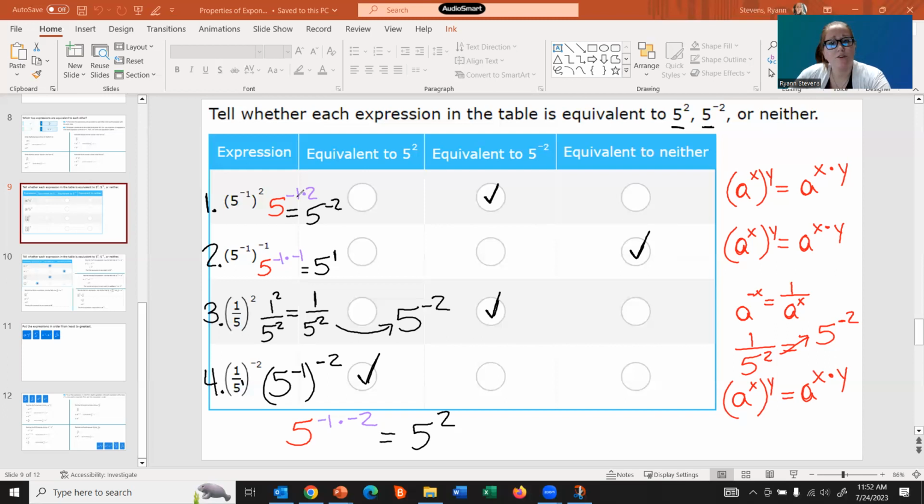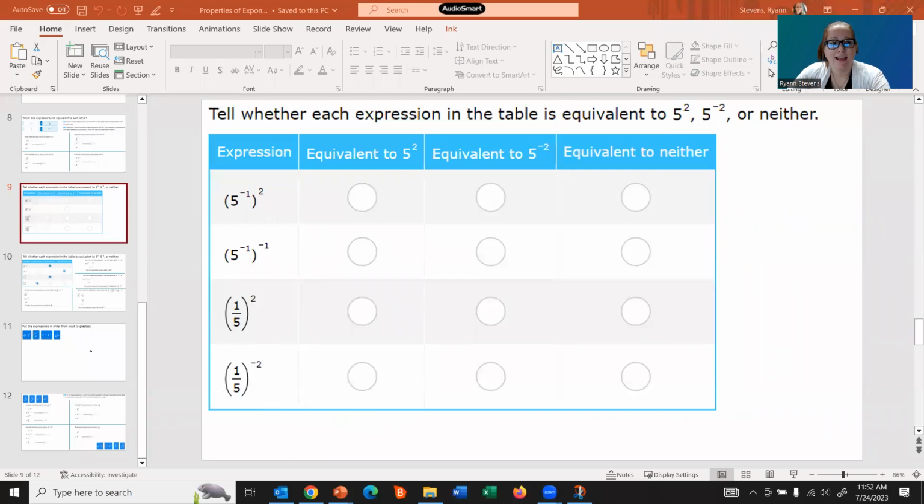Okay. For instance, if we just looked at this first expression and we said 5 to the -1st power, and then on the outside of the parentheses we have a 2, it's a little bit more challenging to see that, yes, it is equivalent to 5 to the -2nd power if we just left it that way. So it's much easier to see if we rewrite it.